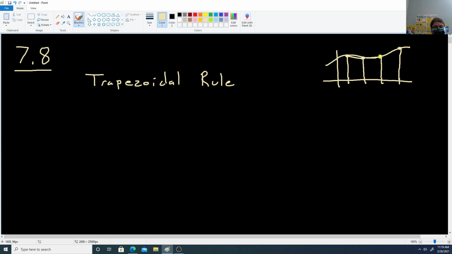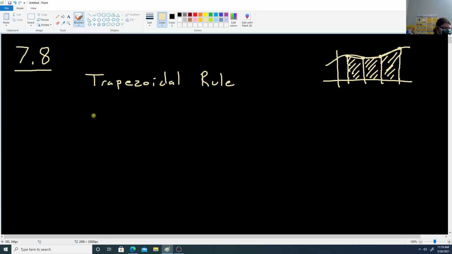We can use trapezoids to approximate the area under the curve.